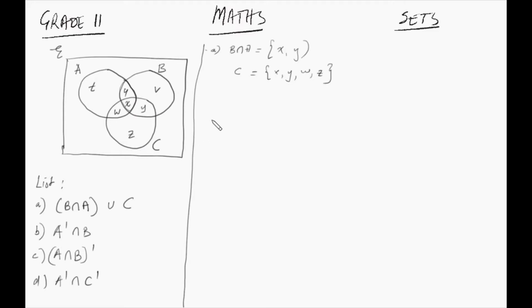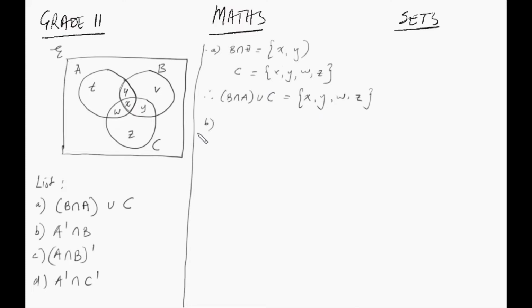Now, this means that therefore B intersect A union C would be the union of these sets. We put the elements together. That would be X, Y. XY appears here, so we cannot repeat it. So we move on to W, Z. So this is the union between these two sets. You can simplify it like that, okay?